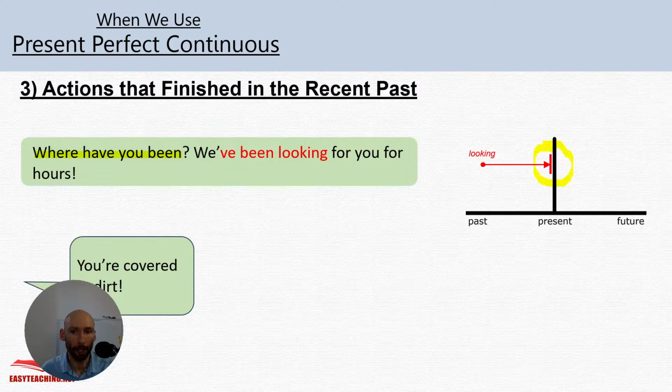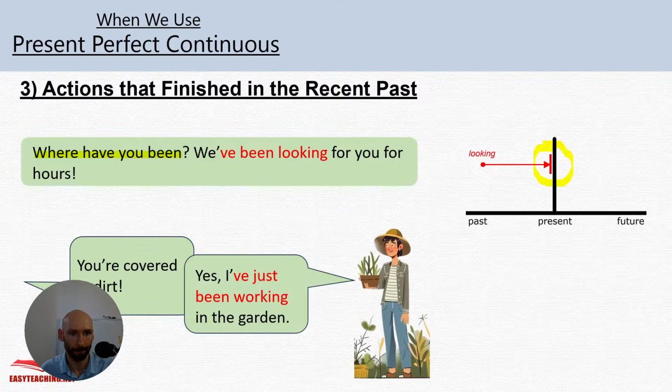You're covered in dirt. Yes, I've just been working in the garden. The action of working in the garden is not continuing into the present. It's finished, but only very recently has it finished. And again, there's a relevance to the present.